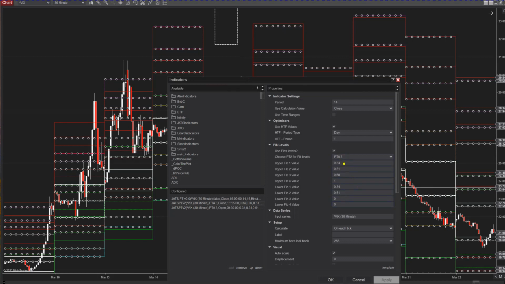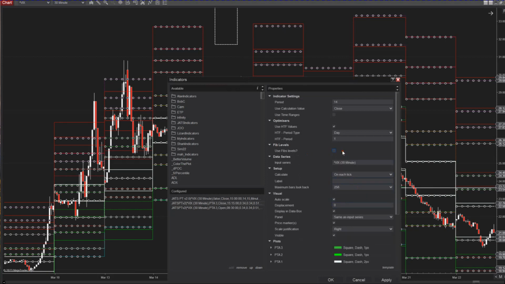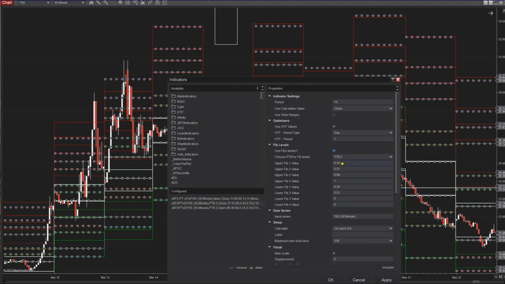So I can add tails outside the distribution. They're called fib levels, and then I can tell it how far to go above or below the distribution. So going above the distribution, profit targets above A versus profit targets below B, and then 1, 2, 3. But I can put whatever level I want.